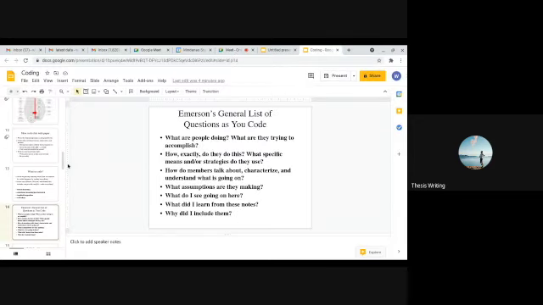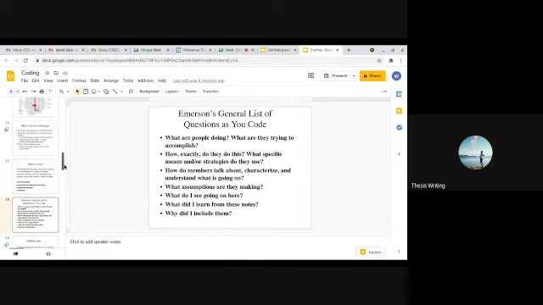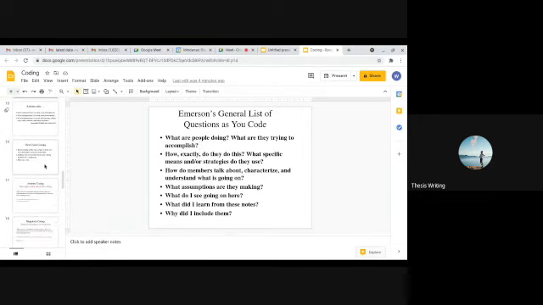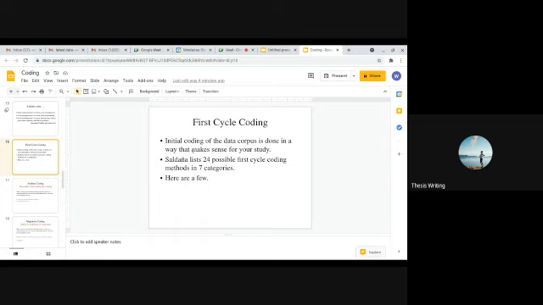Okay? So yan. Okay, Emerson. So you have the first cycle coding. Ito na, code ka ng code. Sometimes your code will reach as much as 200, 300 codes, kasi i-code mo lahat, no? So you have to code everything.